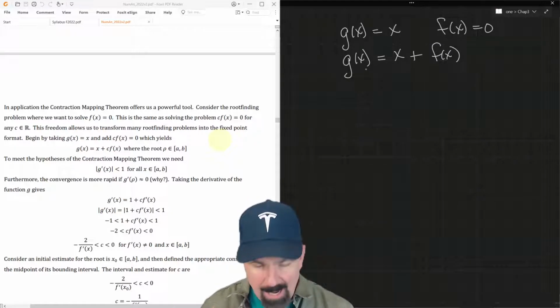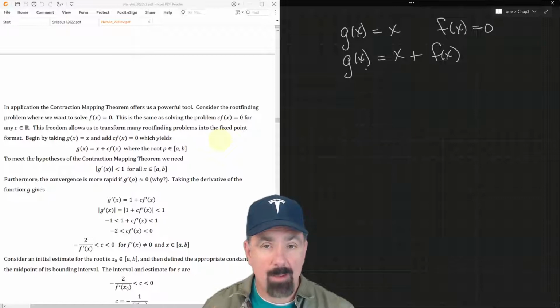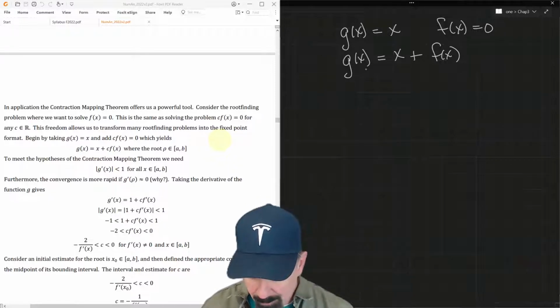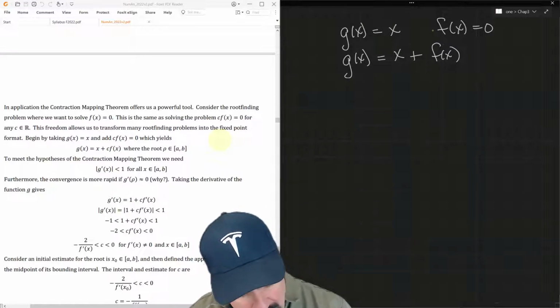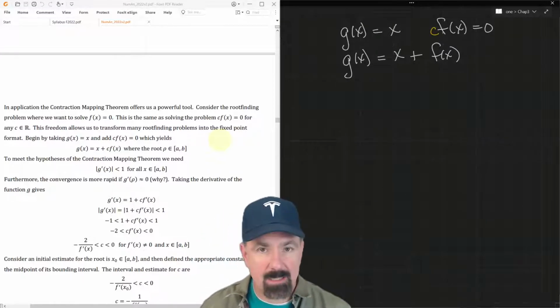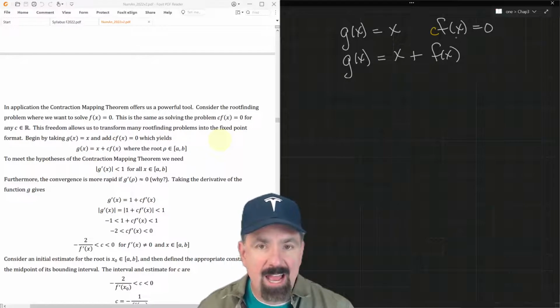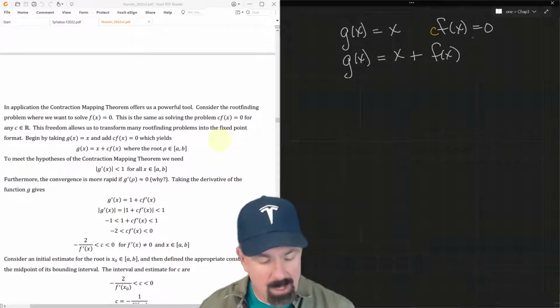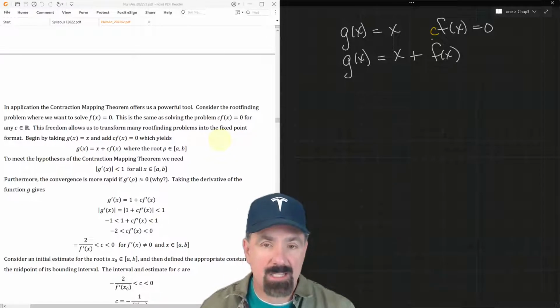Moreover, and this is an important point for us to be able to satisfy the conditions of the contraction mapping theorem, I'm interested in multiplying by some constant. Because of course, if I have an input value that makes f 0, then if I multiply by a constant, that's not going to change.